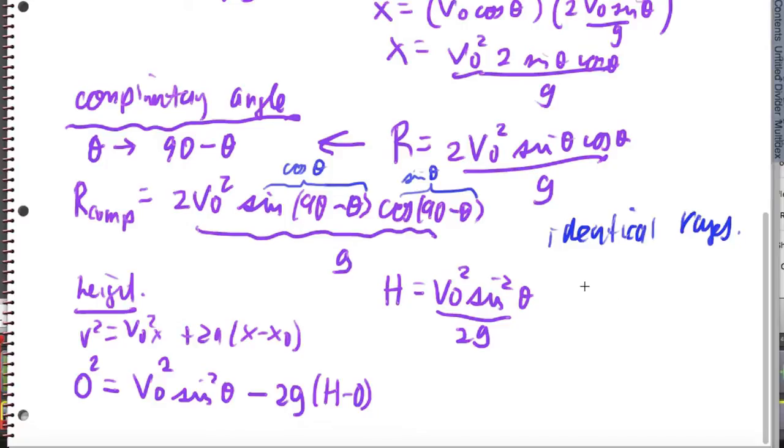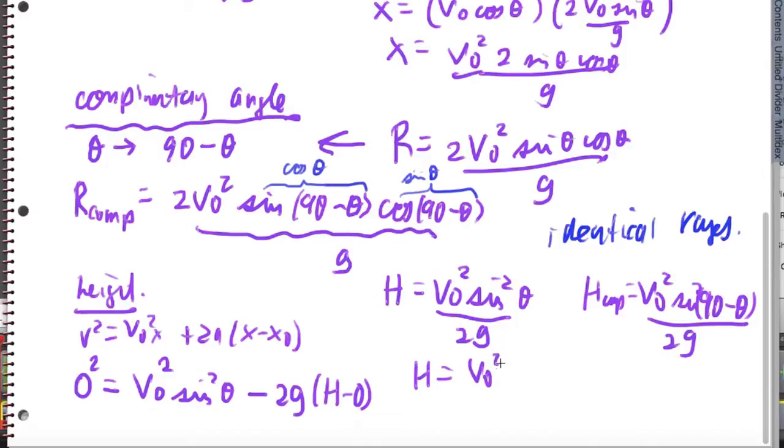And then the height for the complement is going to be v naught squared sine squared of 90 minus theta all over 2g. So since this is 90 minus theta, sine of 90 minus theta is cosine of theta, so the difference in height is going to be v naught squared times sine squared theta minus cosine squared theta all over 2g.